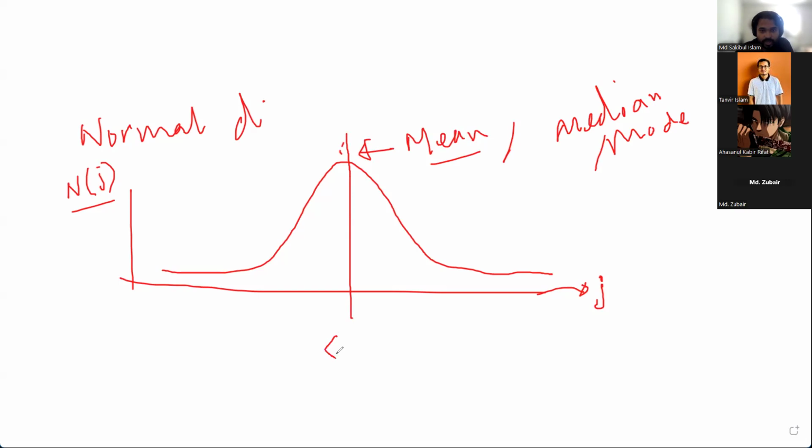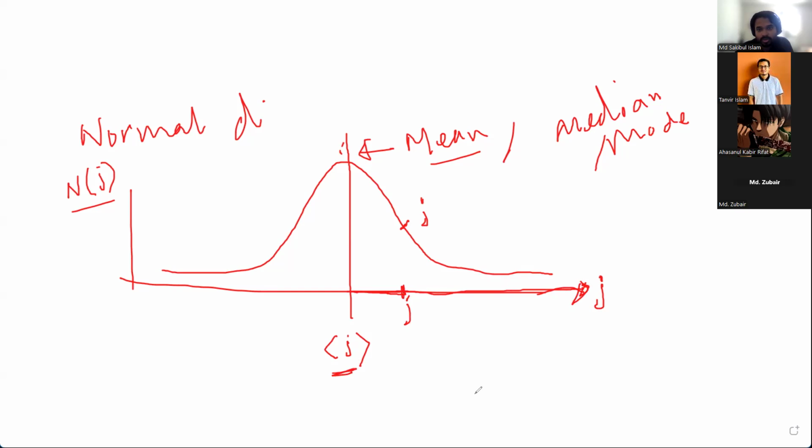And we defined delta j like this. Let's say you are considering this value of j. You can see this value of j is obviously greater than the average value because it is on the right side, where the value of j is increasing.